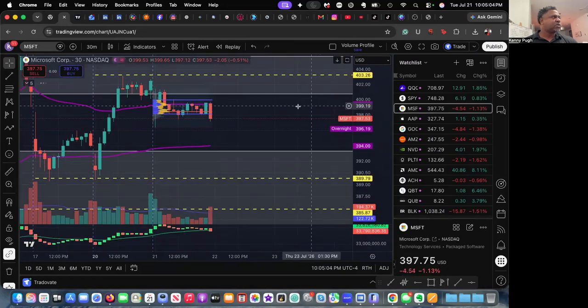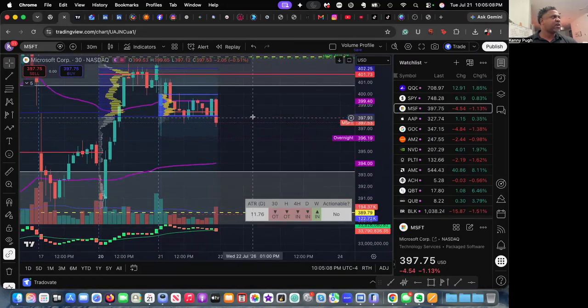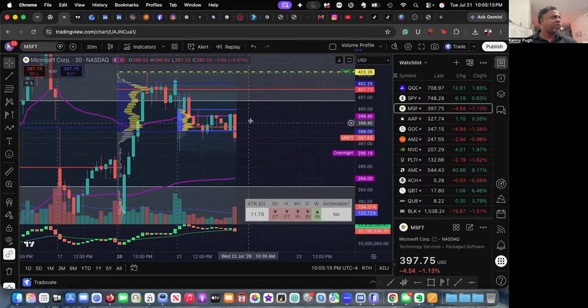Moving on to Microsoft. Microsoft was pretty much a chop fest throughout the day. This is more meant for scalpers. This was in the middle of a highway, and for those that don't know, I refer to the space in between two high volume nodes, which I refer to as cities, as the highway. We were stuck in the middle. We were inside day.